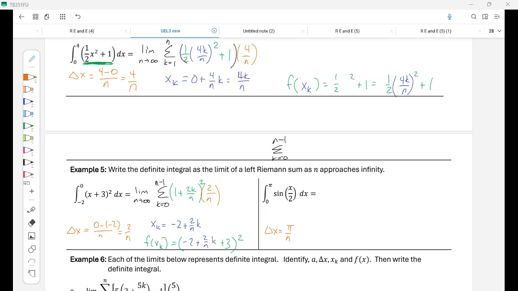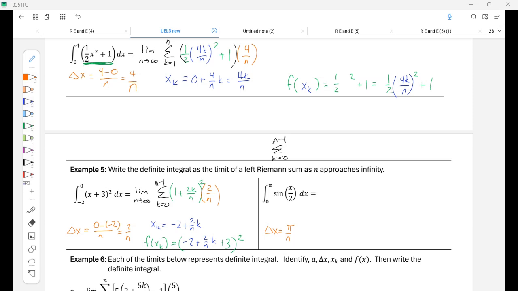If I go from 0 to pi, I've gone pi over n. If I go from -2 to 0 on the other side of my example, the width of that interval is 2. That's why we got 2 over n. So that numerator represents the width of your interval you're integrating over.